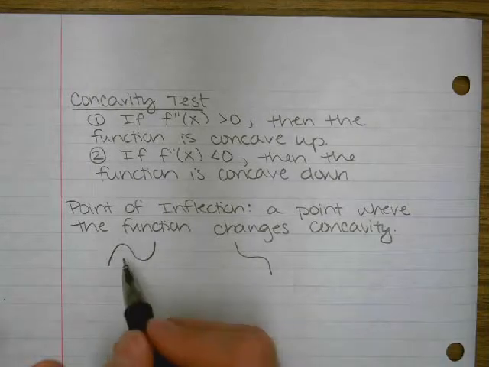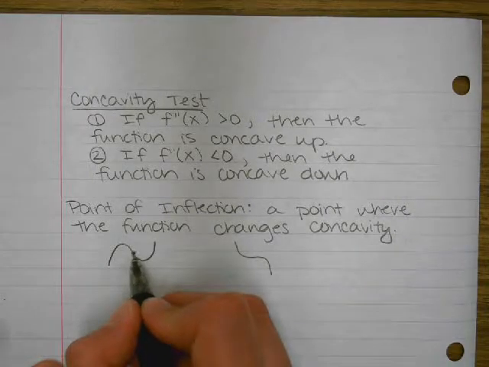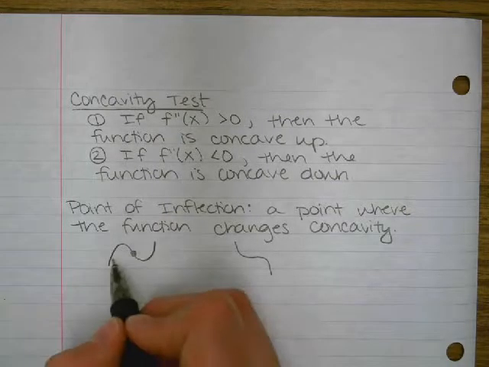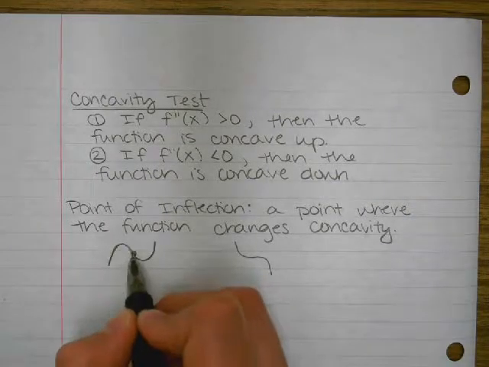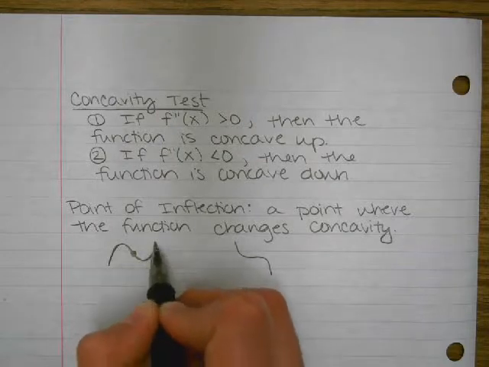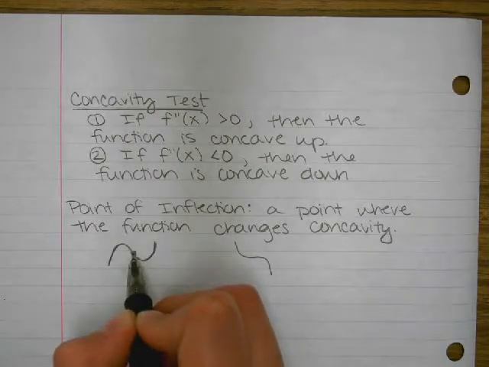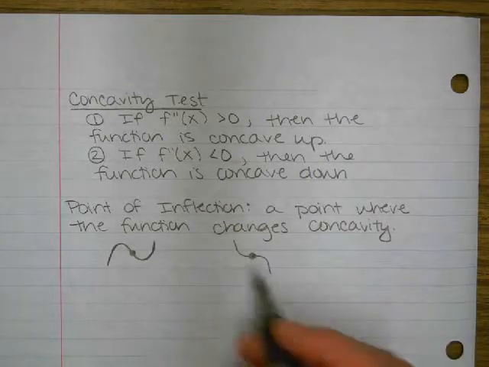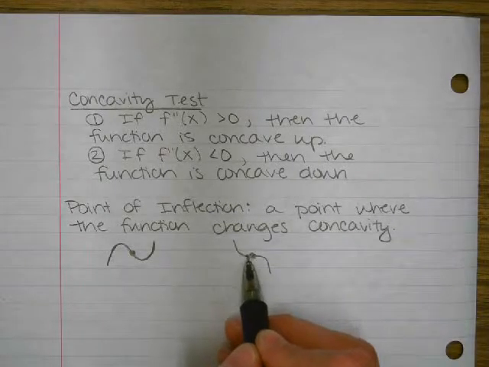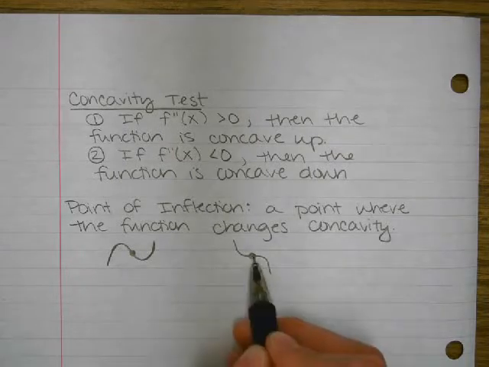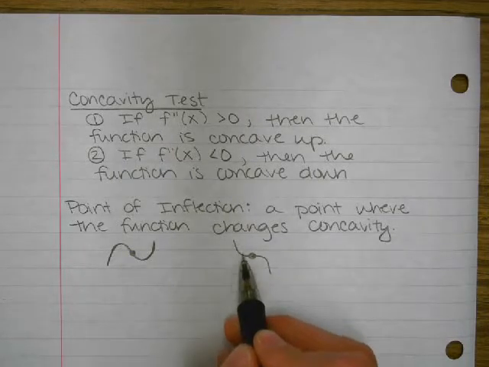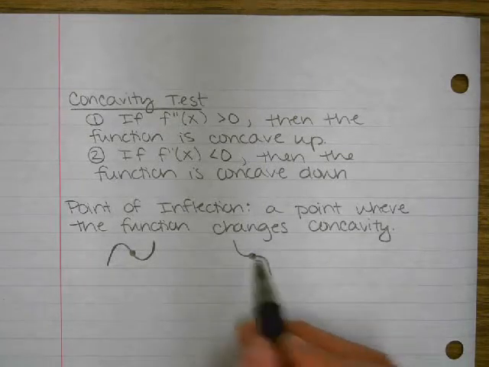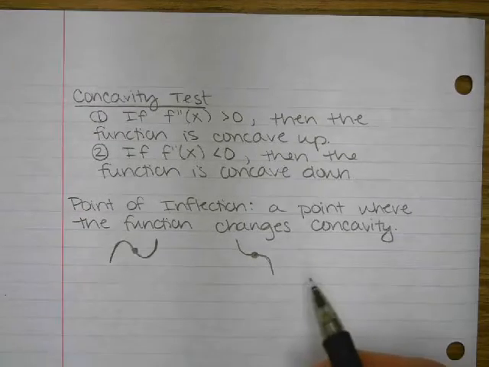So in this picture, I would say the point of inflection is about right here. I'm not going to say exactly where it is, but this part of the graph is concave down, and then it switches to concave up. So that would be the point of inflection here. On this one, this would be the point of inflection because this piece of the graph is concave up, and this piece of the graph is concave down. So the point of inflection is where the function changes its concavity.